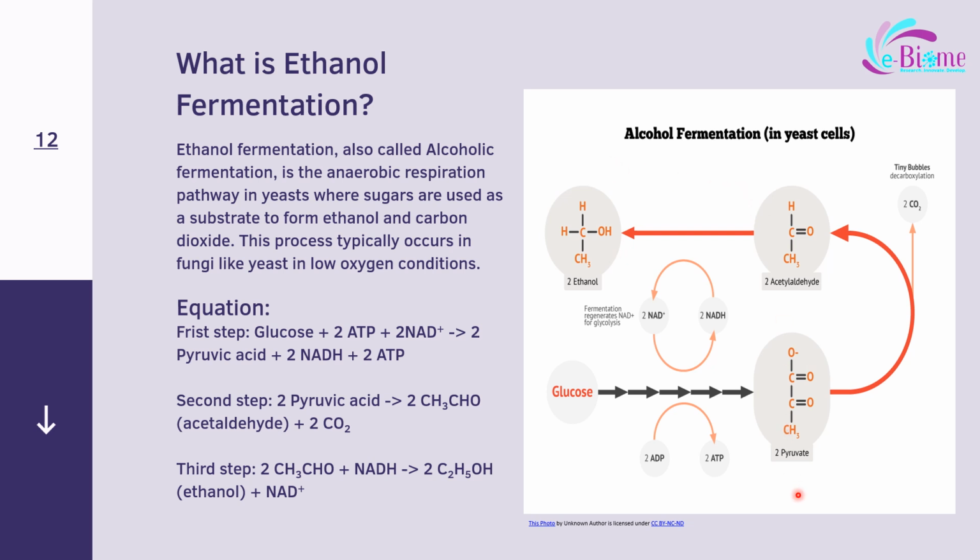During the pyruvate to acetaldehyde conversion, 2 molecules of carbon dioxide are lost, which is where the carbon dioxide in this reaction comes from. Here are basically the simplified chemical reactions of all 3 steps of this alcohol fermentation process.